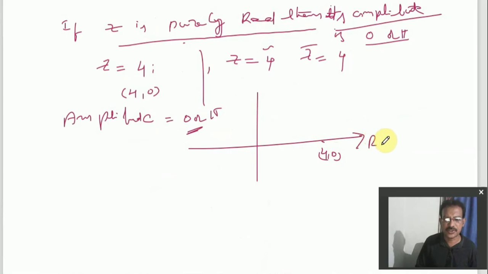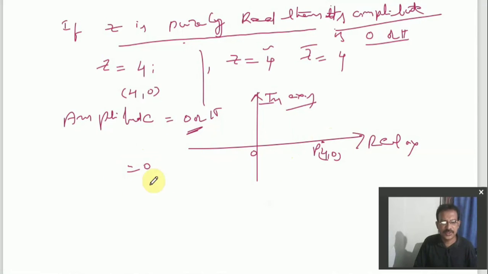This is the real axis, this is the imaginary axis. What about its amplitude? What is the angle made by OP with respect to the real axis? 0. Amplitude is equal to 0 here.